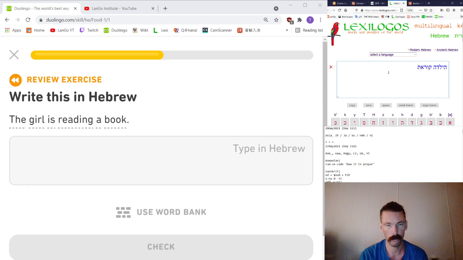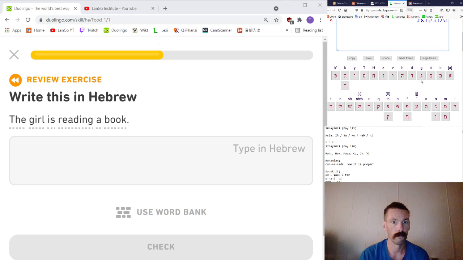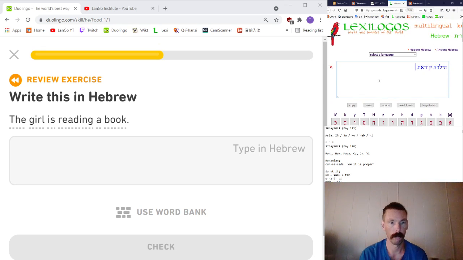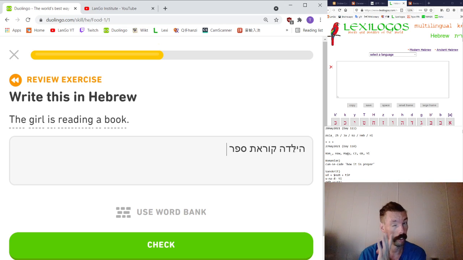Aleph T for feminine agreement, and then Sefer. No, how do I get that? Emphatic S, just S. C for Shin, unmarked, and S for Samech. Sefer, I think. S-F-R. The girl, הילדה, קוראת ספר.